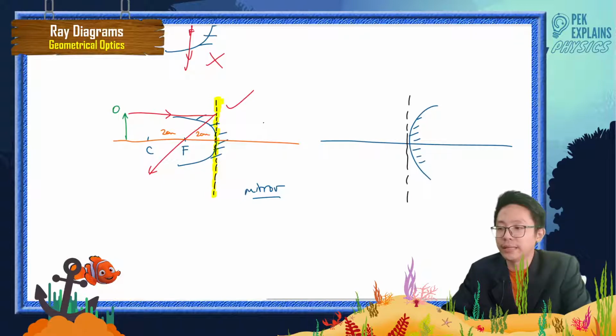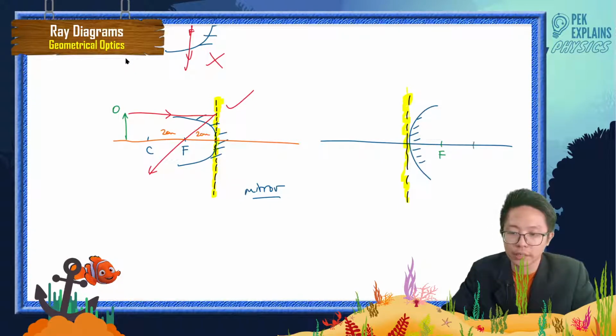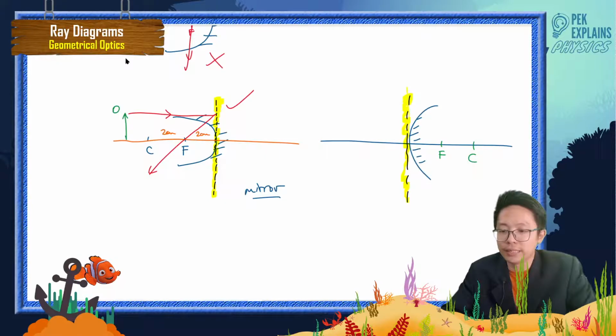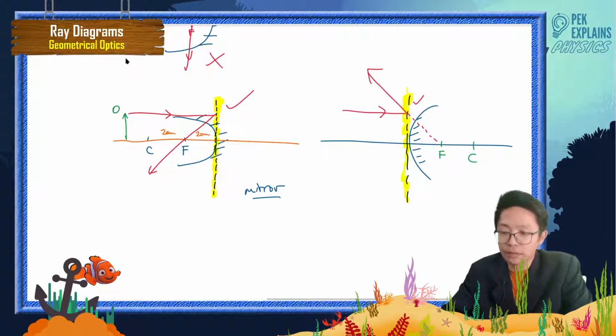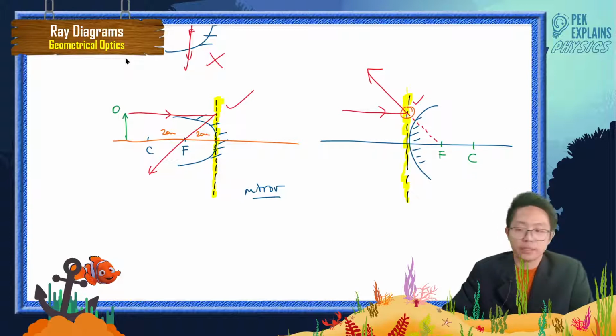So all the light must diverge from this straight line. This is my focal point over here, and this is the center of curvature. So my light must reflect from here, not from the surface. It diverges from the focal point. All begin from here. Understand?